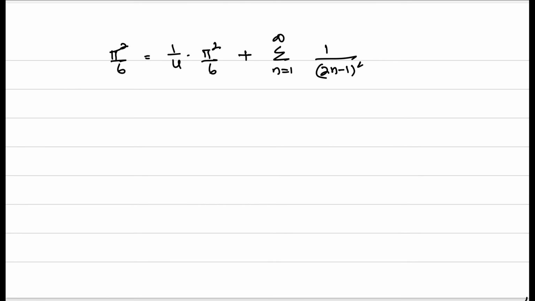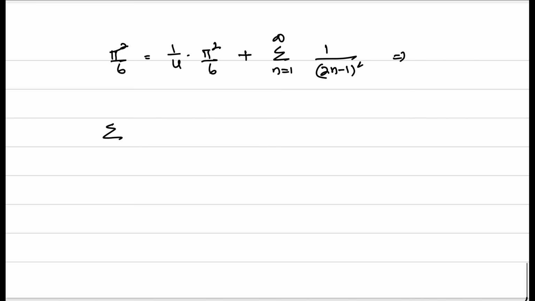That means pi square by 6 is equal to 1 by 4 into pi square by 6 plus sigma n equal to 1 to infinity 1 by (2n minus 1) whole square.